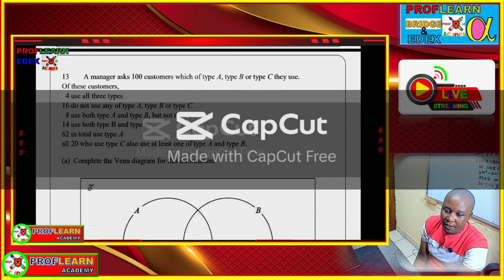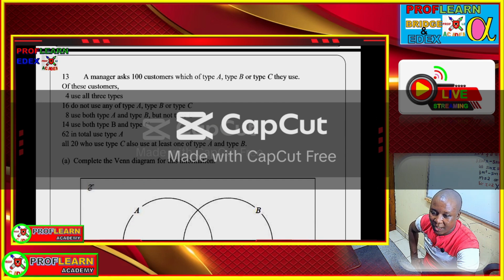We are told that a manager asks 100 customers which type, A, B, or C, they use. Of these customers, four use all the three types. So we are going to check the region that certifies all three in the Venn diagram.